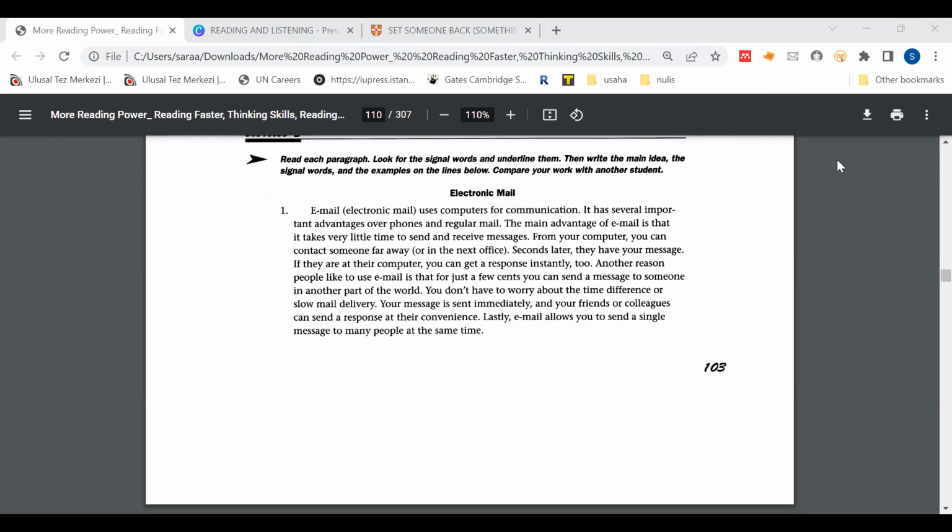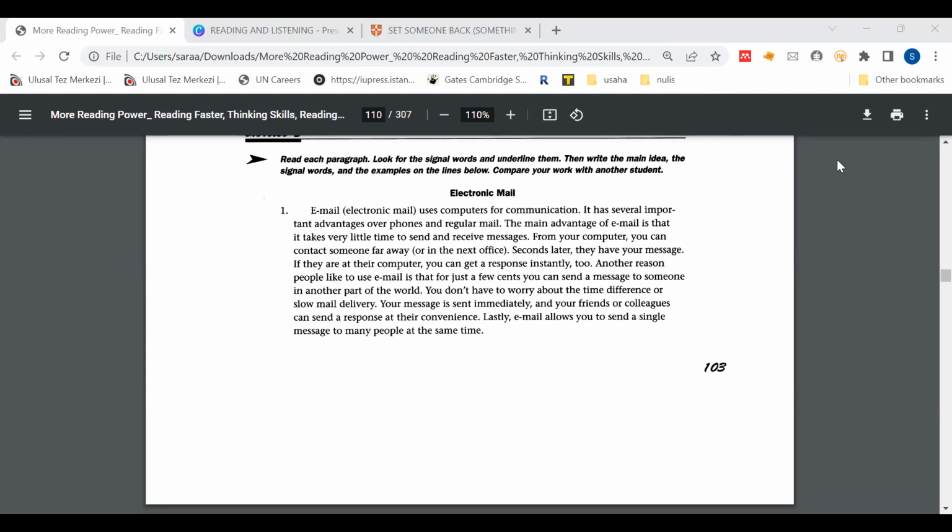You can connect with someone far away or in the next office seconds later. They have your message if they are at their computer. You can get a response instantly.